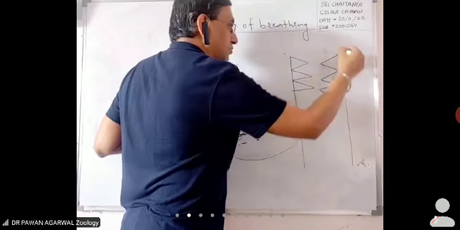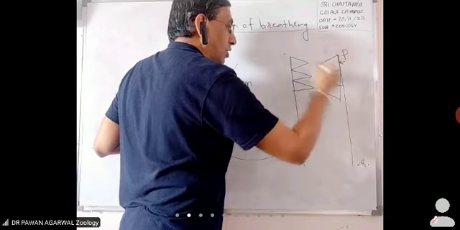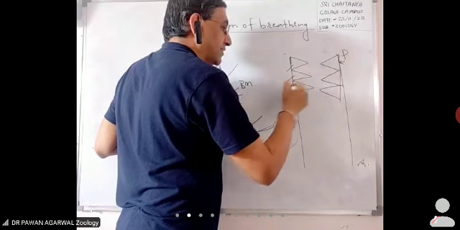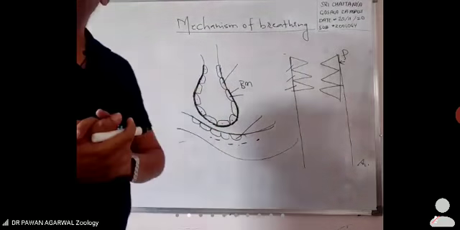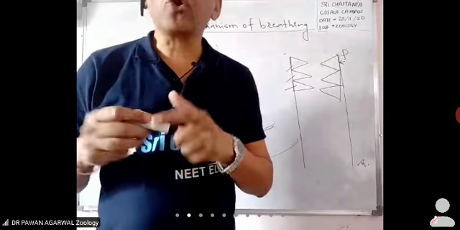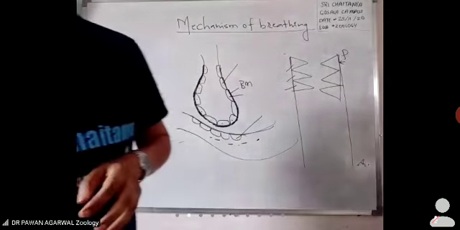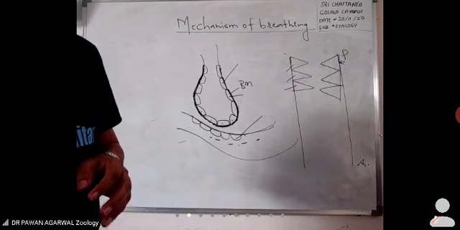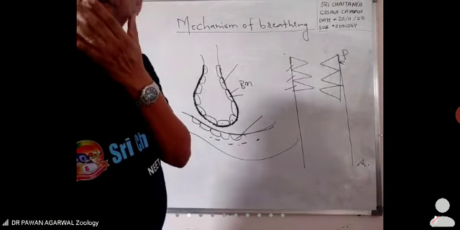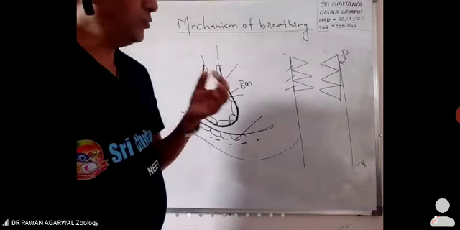On the lateral wall, three bony plates are there, which are known as the conchae: superior, middle, and inferior bony plates.